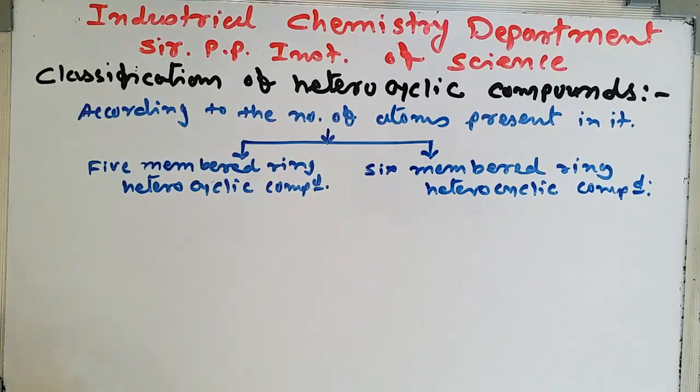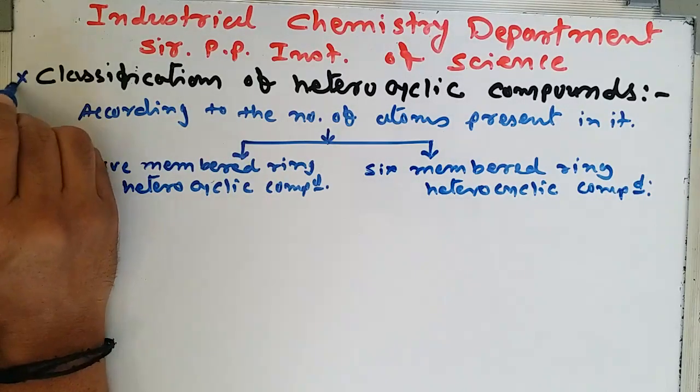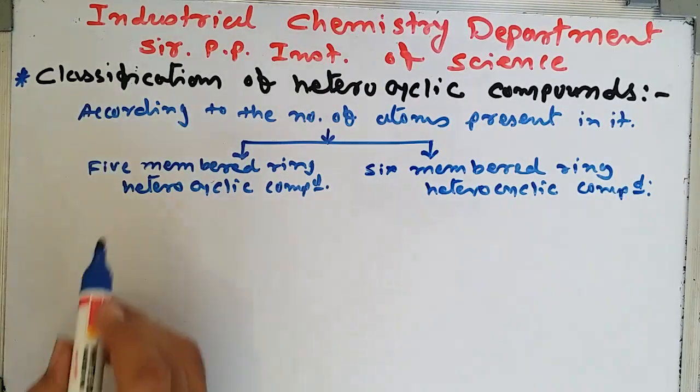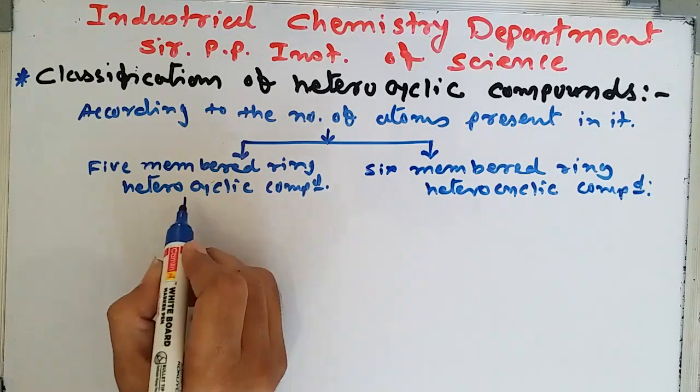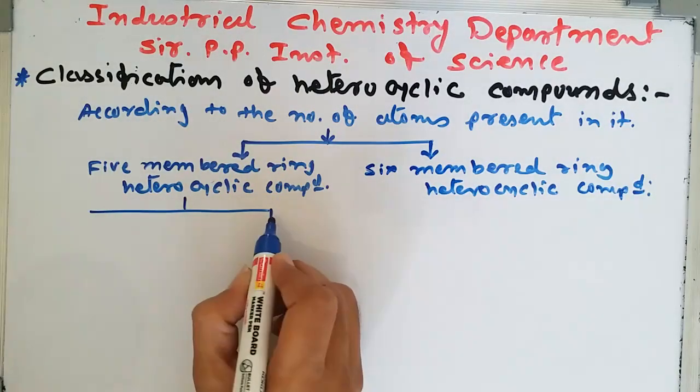So according to the number of atoms present in it, heterocyclic compounds are classified into two main parts. This 5-member and 6-member are both further classified into two types.